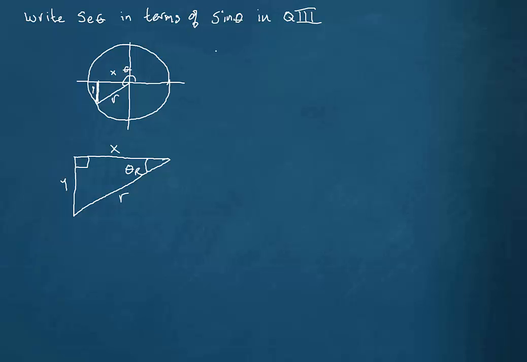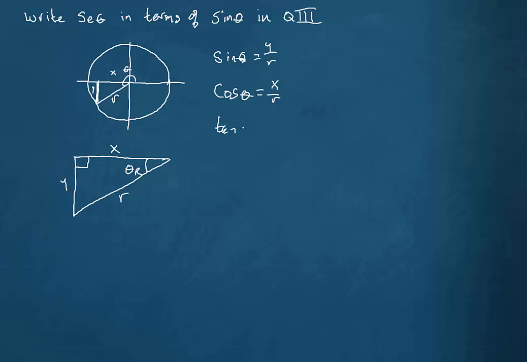But let's remember how we write the sine and the cosine in terms of x, y, and r. The sine of theta will be y over r, or in other words, opposite over hypotenuse. But it will be negative in the third quadrant. The cosine of theta, x over r, adjacent over hypotenuse.